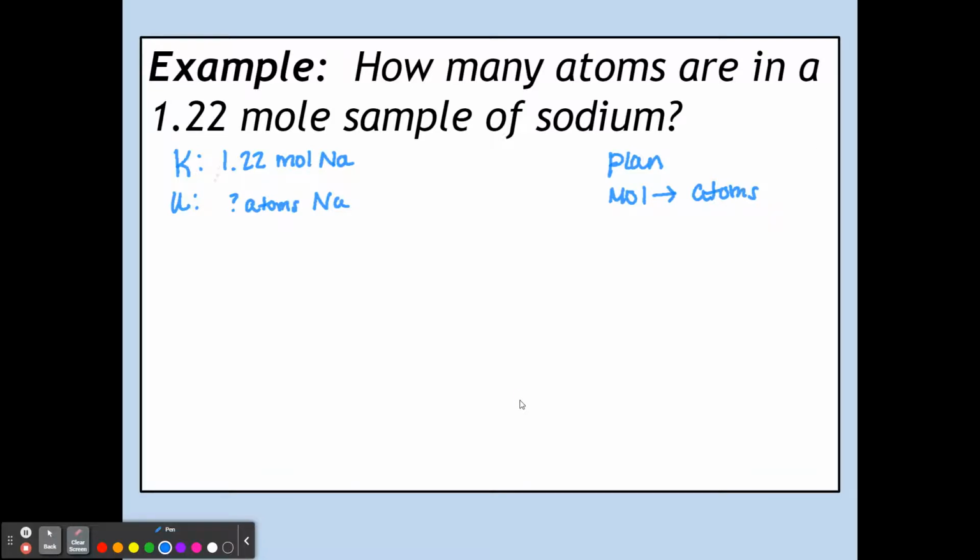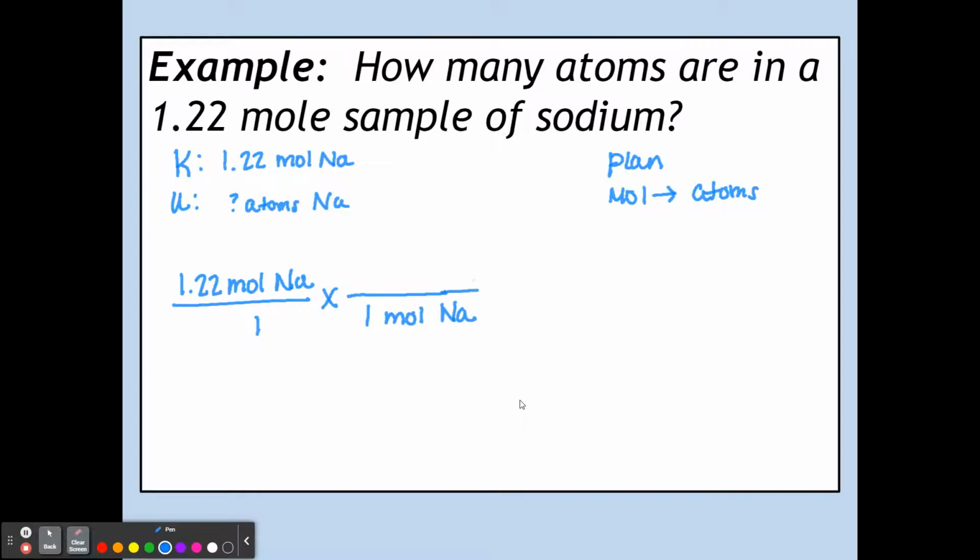Okay. First, I'm going to start with our 1.22 moles sodium. I'm going to put that over 1, just like I normally would whenever I'm converting. I know that on the bottom, I need moles of sodium because moles of sodium is on top. They need to cancel out, so I have 1 mole of sodium.